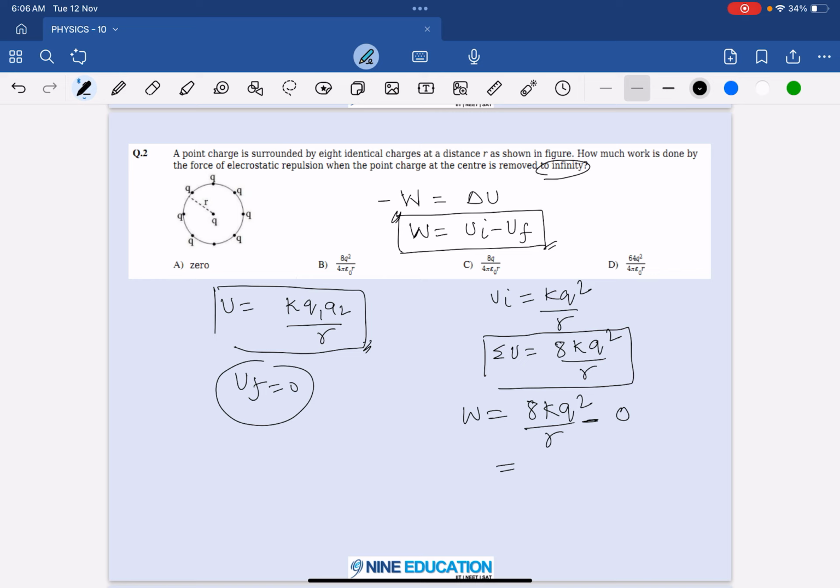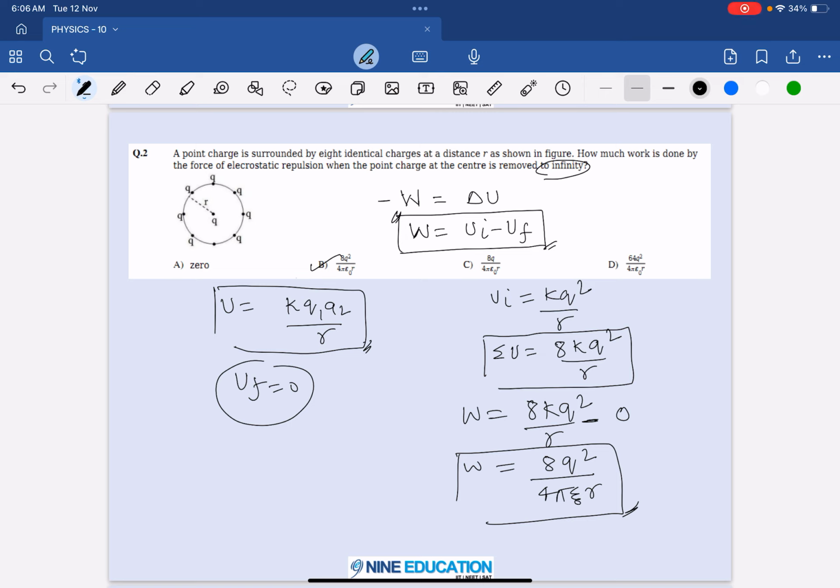So I can write it as 8q square by 4 pi epsilon naught r, and this is my work done. So option B is correct.